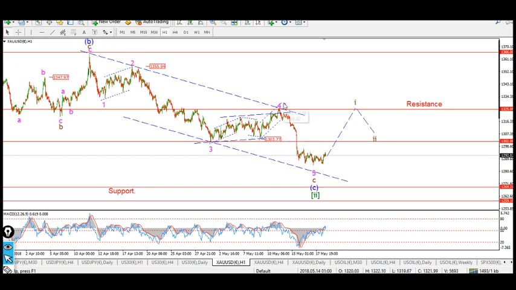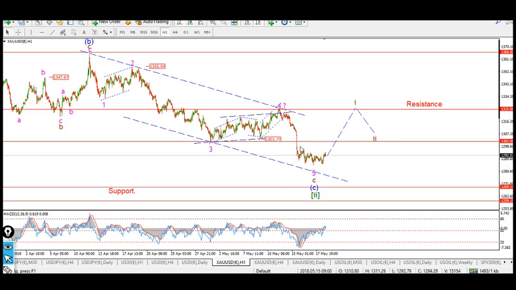Then this week we got that nice sharp decline to complete a 5th wave, which met all my expectations, because I wanted to see one final run down into this lower trend channel line there. We've pretty much got that.